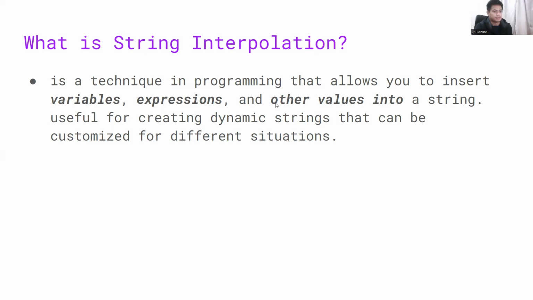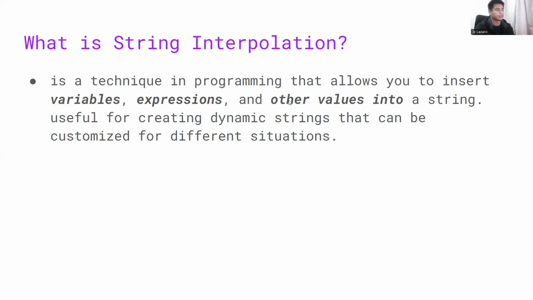So it applies to different situations. For example, if you're iterating through an API, or displaying multiple properties in just one string, string interpolation will be beneficial for you.